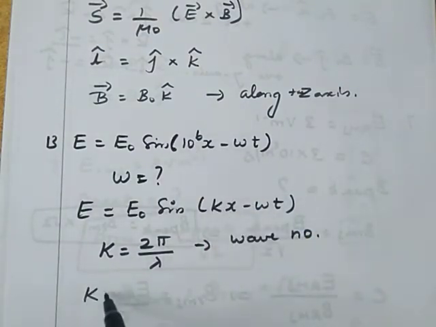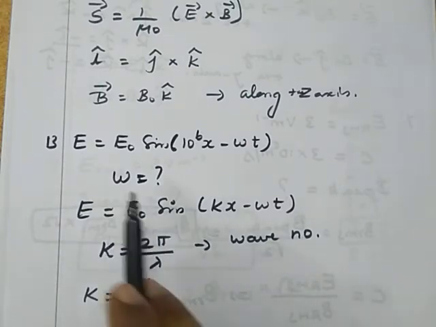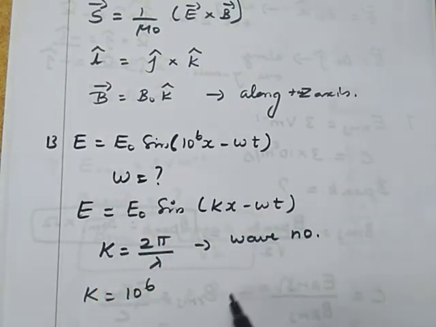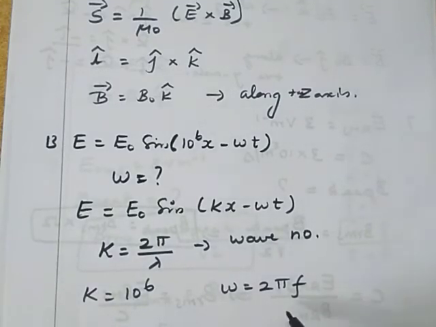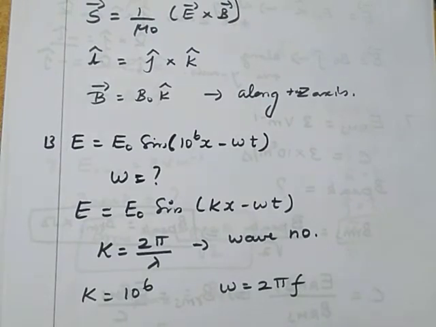The value of k is equal to 10 power 6. Then we need to find the value of angular frequency omega. For that, omega is equal to 2 pi f. So we need to know what is the value of f. Then the question is, it is which wave?